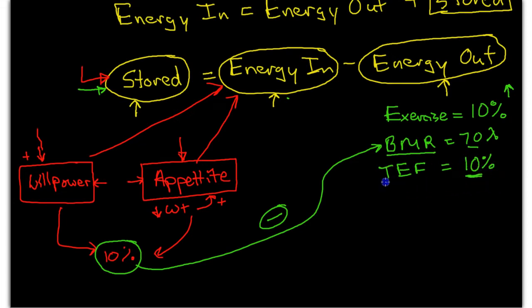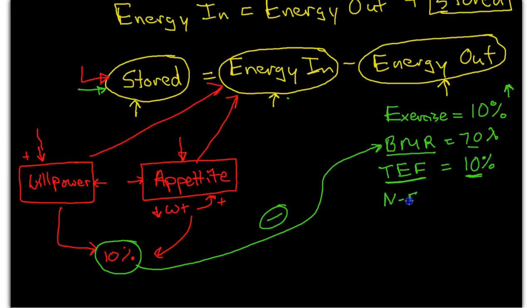Now, there are some foods that have higher thermic energy values, but this is not really an effective way to lose weight because it's not going to increase the percentage all that much. If you eat higher fiber foods, it tends to have a higher thermic energy, so that helps a little bit. And eating protein versus fats, proteins have a higher thermic energy, so they use more energy to digest, absorb, or metabolize.